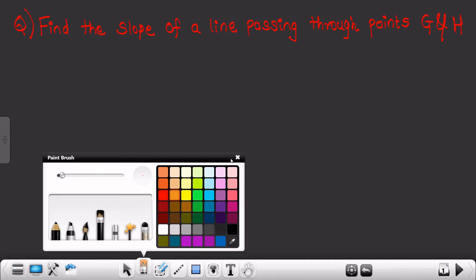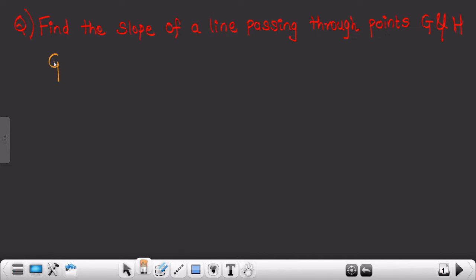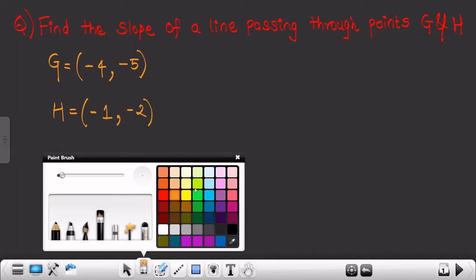Let's suppose G is equivalent to (-4, -5), as given in the question, and let's suppose H is given as (-1, -2). So these are the values that are provided in the question.